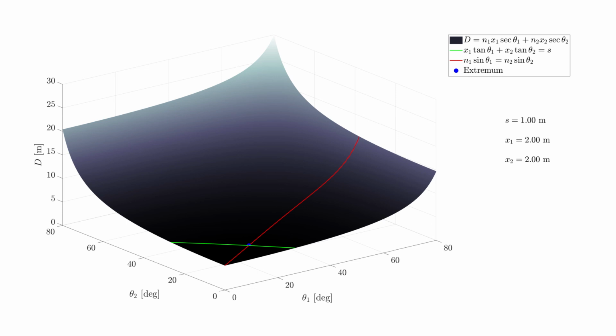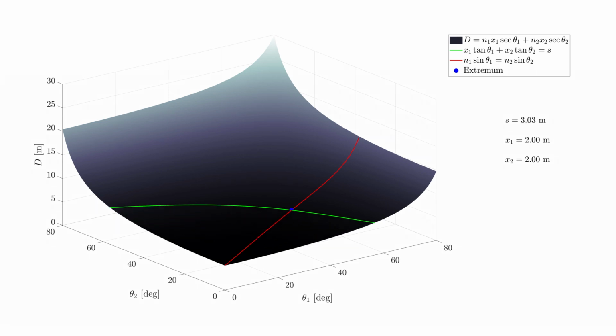On top of the surface, I have also plotted a green curve, along which our constraint is satisfied, and a red curve, along which our condition for an extremum is fulfilled. The single blue point where these three graphs coincide then constitutes our extremum.